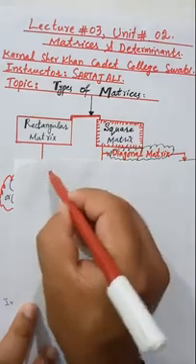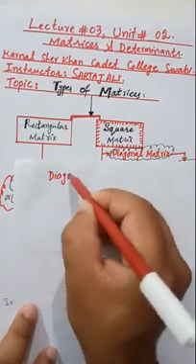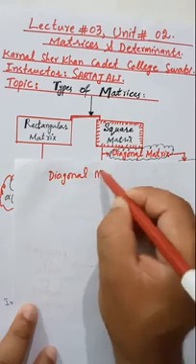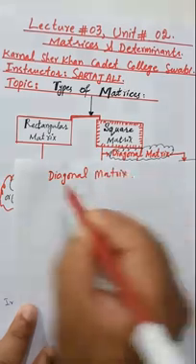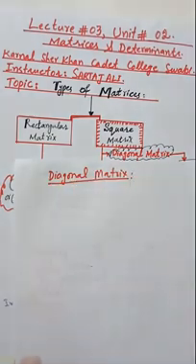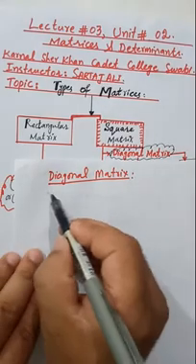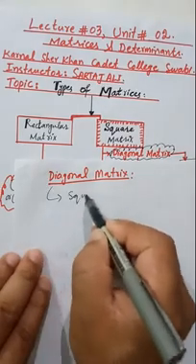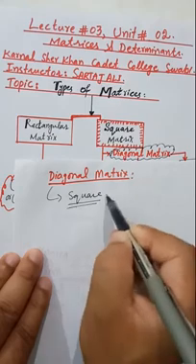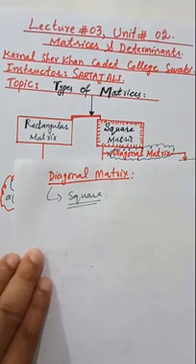So a diagonal matrix is actually a square matrix, but such a type of square matrix in which the principal diagonal elements are non-zero, at least one of them is non-zero, and the rest of the elements are zero.